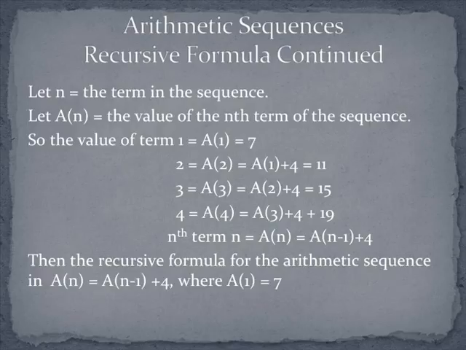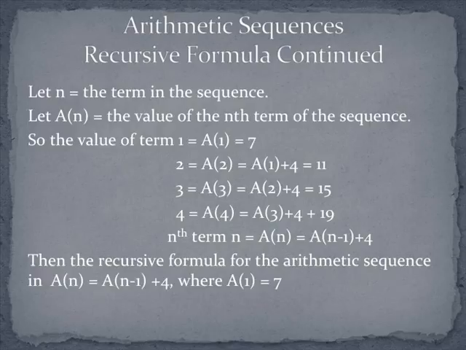We let n equal the term number in the sequence, and we let a sub n equal the value of the nth term of the sequence. So the value of term 1 equals a1, which is 7. Then we have the second term, a2, which equals a1 plus 4, which equals 11.